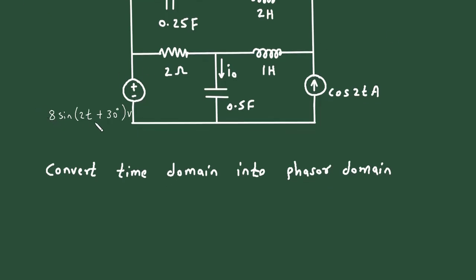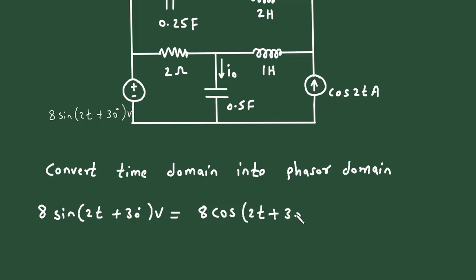So, here it is 8 sine 2t plus 30 degree volt. So, we have to convert this into cosine form to make it in standard format. So, it will be 8 cos 2t plus 30 degree, and here we have to add minus 90 degree to it because we are changing from sine to cosine.